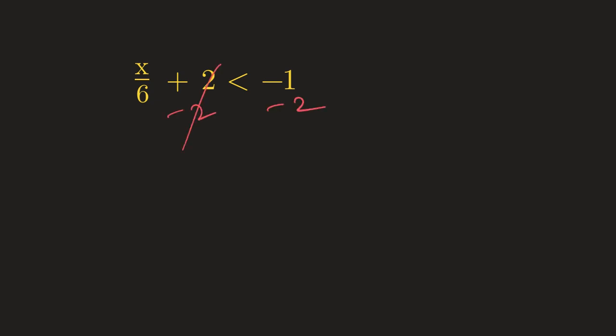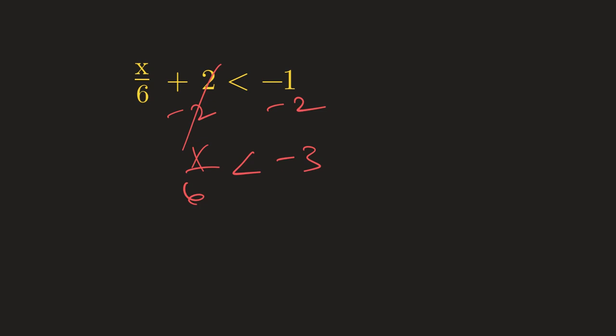Subtract 2 from both sides. Put negative 3 over 1. Negative 1 minus 2 is going to be negative 3. So now we have x over 6 is less than negative 3.